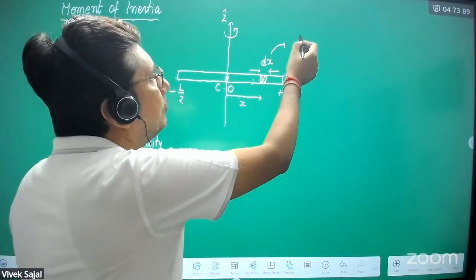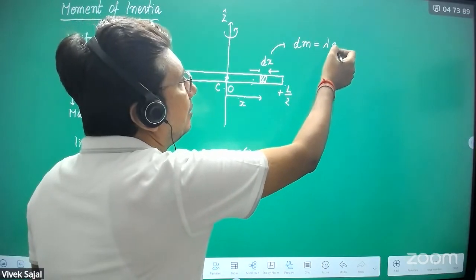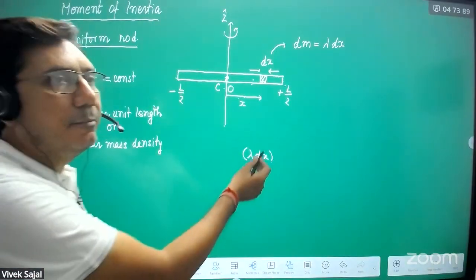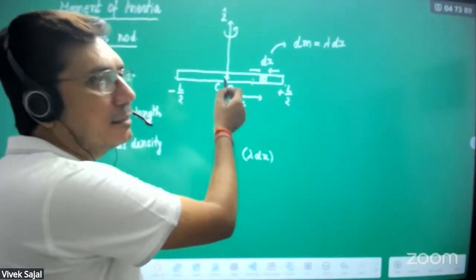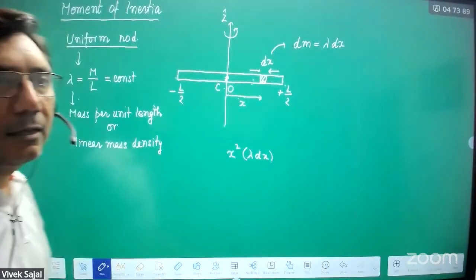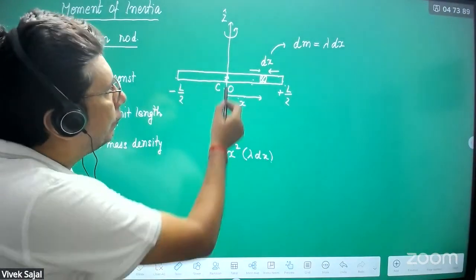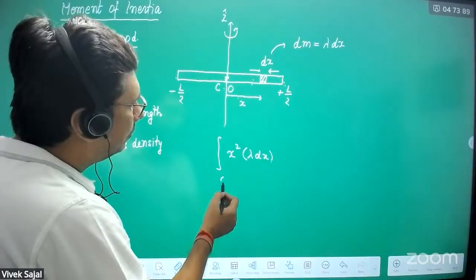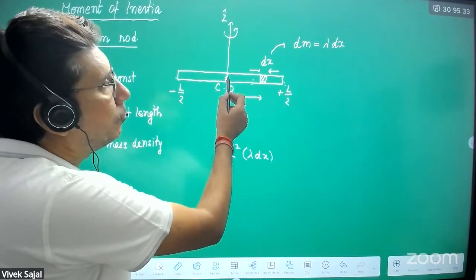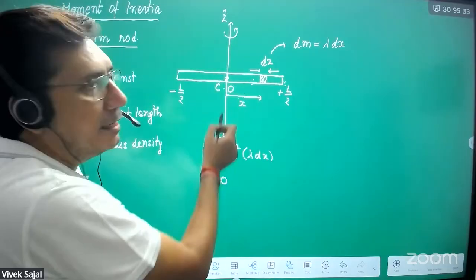Mass per unit length is lambda. So the mass of this length element dx, that will be dm, is lambda, mass per unit length, multiplied by its length, so lambda into dx. This is dm, and the distance from the axis is x, so x square. If I integrate this from 0 to L by 2, this will provide the moment of inertia of this part when it is rotating about the Z axis.